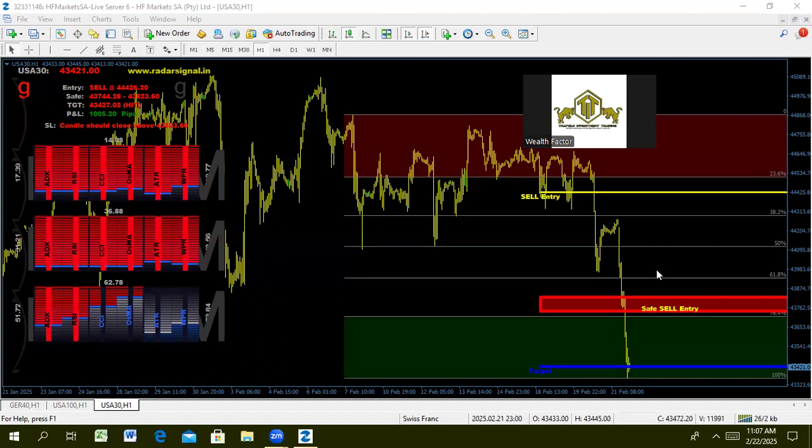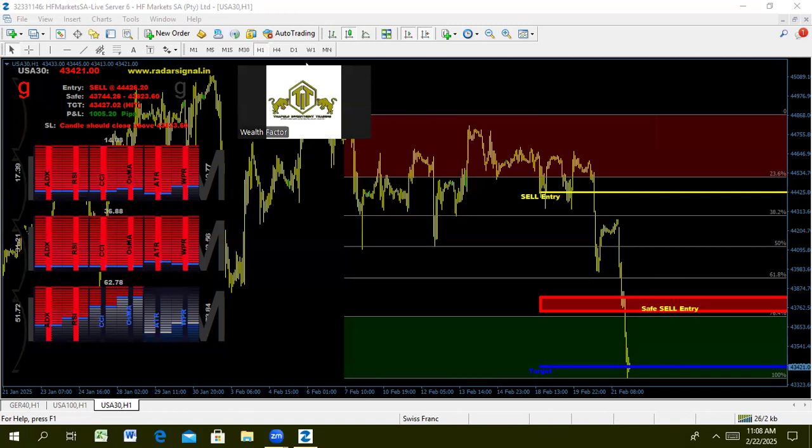In this scenario, technical analysis or price action traders look for buy opportunities at the support level. Support level, this is where we buy. And the red color on top at 0% represents the resistance level.